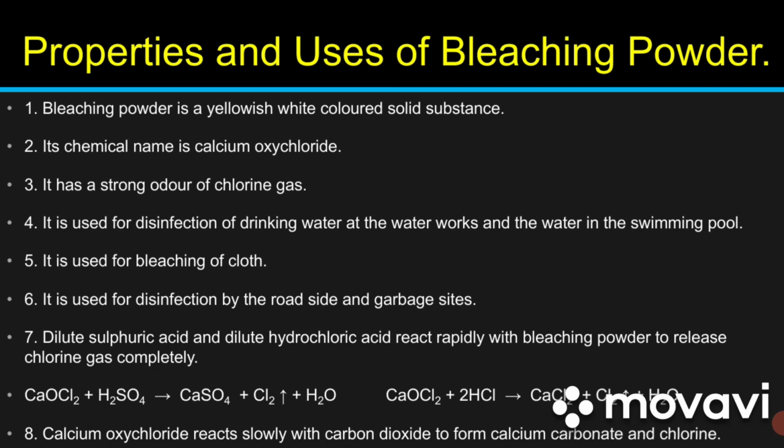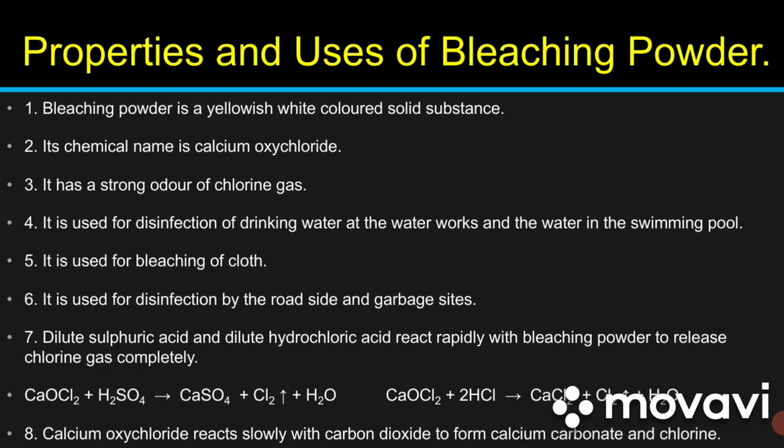Dilute sulfuric acid and dilute hydrochloric acid react rapidly with bleaching powder to release chlorine gas completely. The chemical equation for this reaction is CaOCl2 plus H2SO4 gives CaSO4, that is calcium sulfate, plus chlorine Cl2 plus H2O.